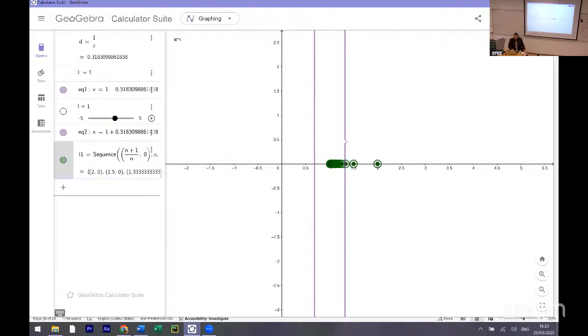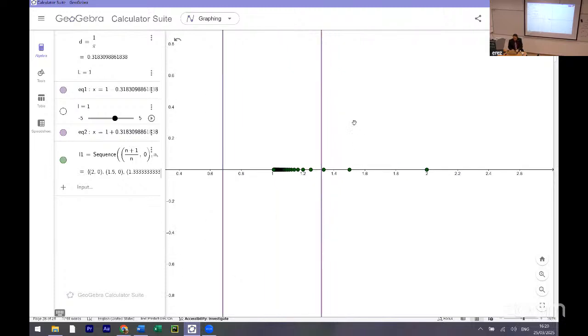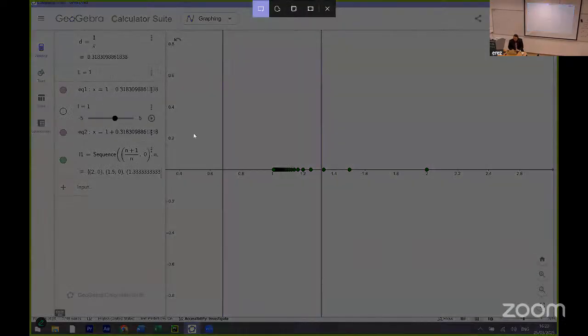Great. Okay, so you see there is a finite amount of elements outside of the area, and from a certain index forward, all of them are within. And I wish to study the index and actually find it.